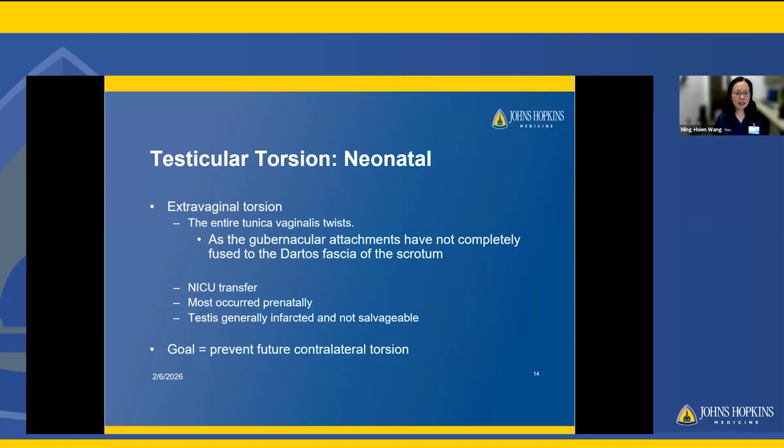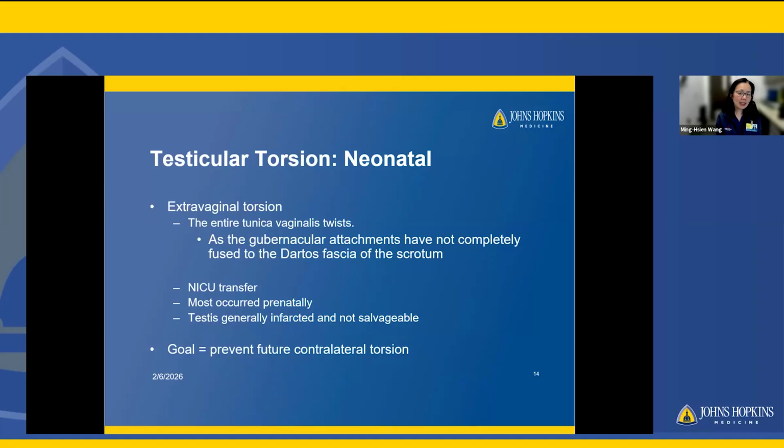So when I was training out there, the thought was we still want to bring a baby like this into the operating room, assuming that we have pediatric anesthesiologists and everybody feels pretty comfortable putting a newborn baby under anesthesia, in order to tack down the healthy testicle to prevent another torsion, which can happen during the first few weeks of life, and then probably remove the torsed testicle.